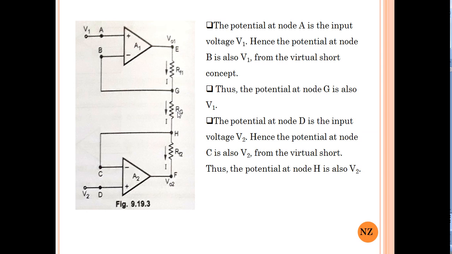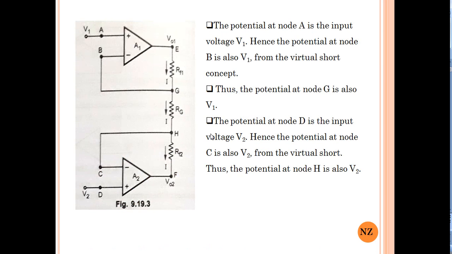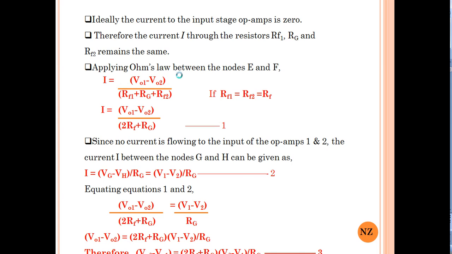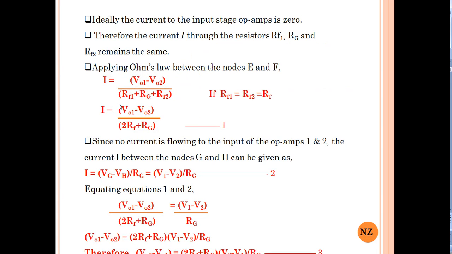So that is the value of the current in that branch. Now if we make RF1 equal to RF2, we can write our equation as V01 minus V02 divided by 2RF plus RG.